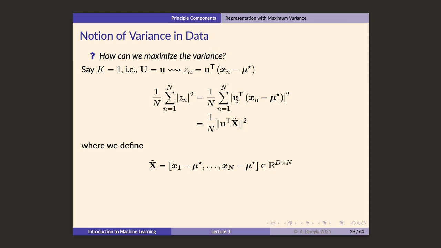Now, if you compute the norm of this vector, what's going to be? It's going to be the first term squared plus second term squared and so on, right? So the norm of U transpose x tilde is going to be the summation from n equals 1 to N of U transpose (xn minus mu), squared.